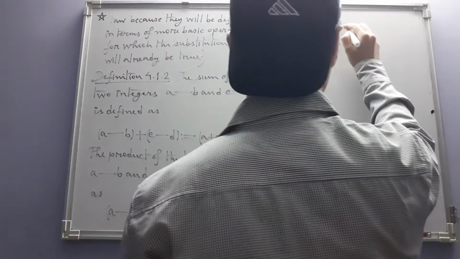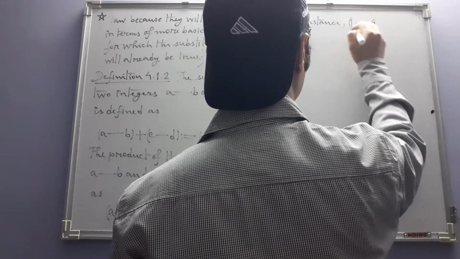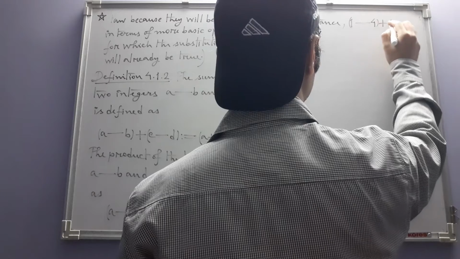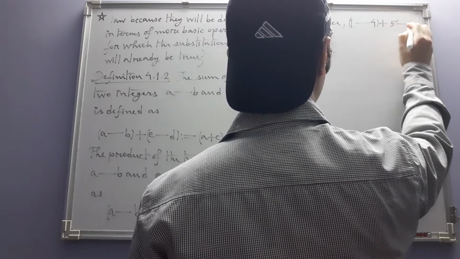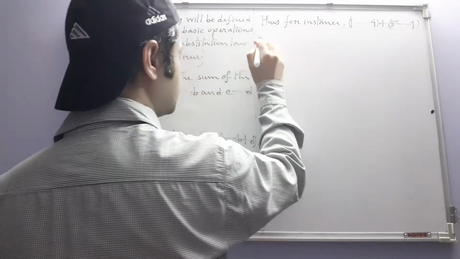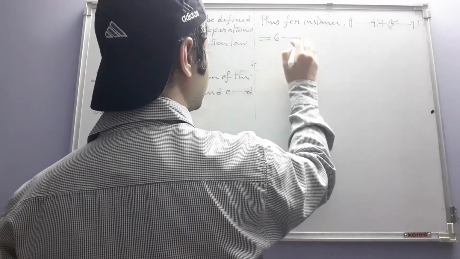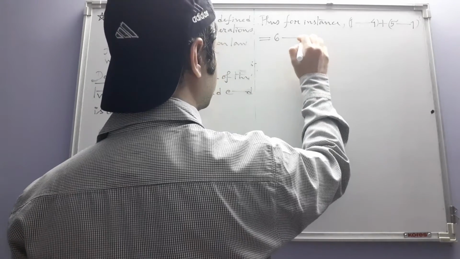Thus, for instance, 1 dash 4 plus 5 dash 1, say, is equal to 6 dash 5.